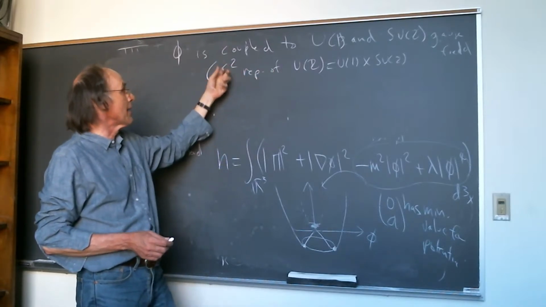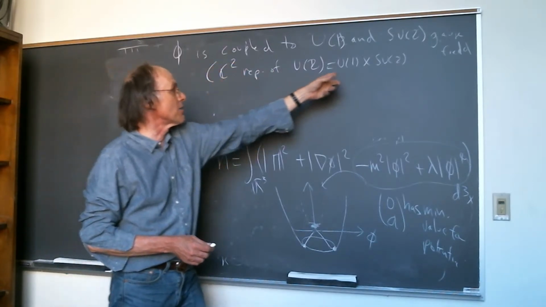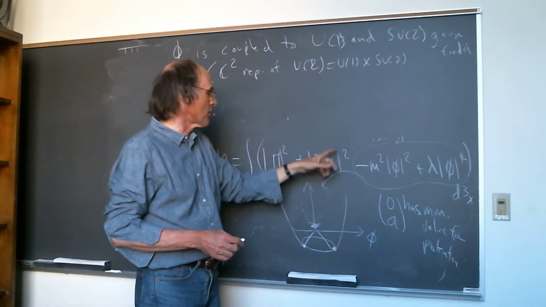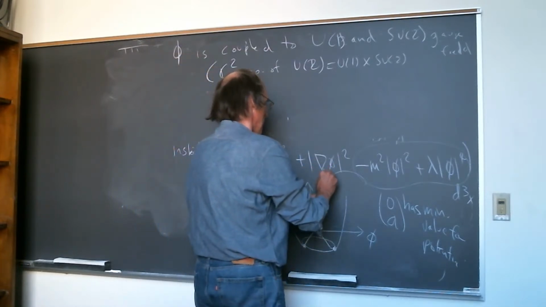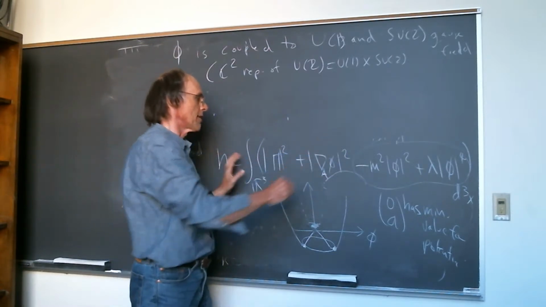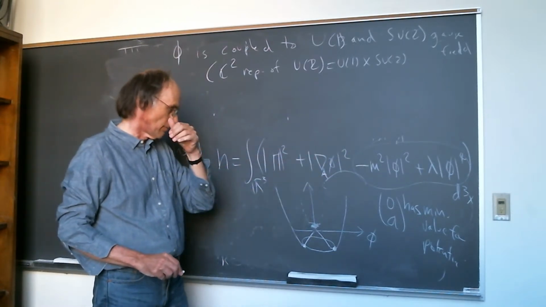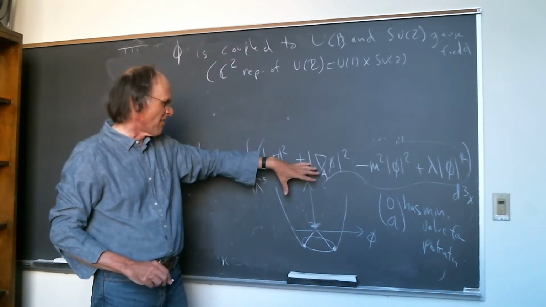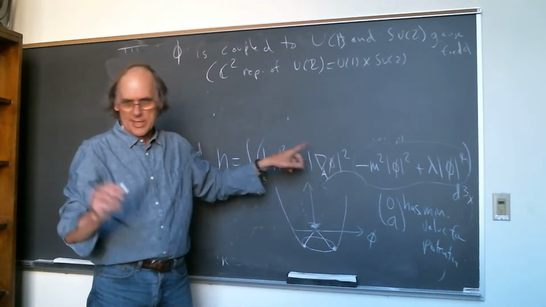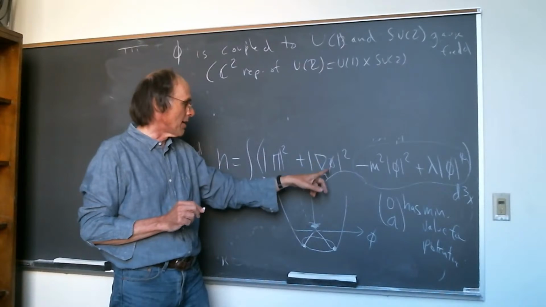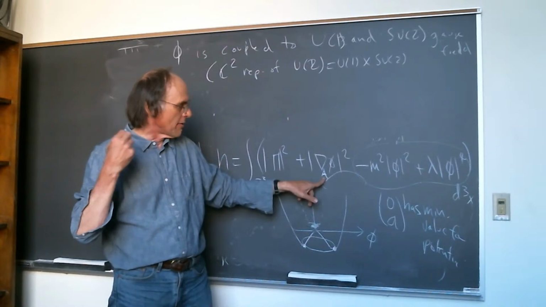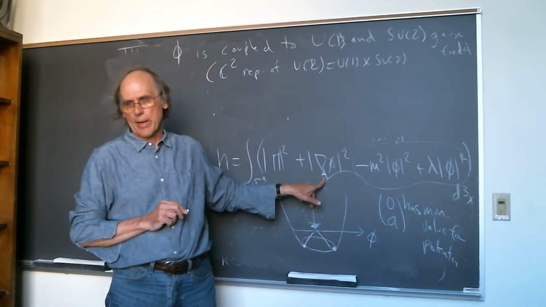U1 acts just by multiplying everything in here by e to the i theta, both terms. SU2 acts by doing SU2 transformations on the C2. So there are corresponding gauge fields here. The only coupling of this theory to the rest of the world is similar to the story with the fermions, the spinor particles, which got interactions by coupling to forces through background gauge fields.